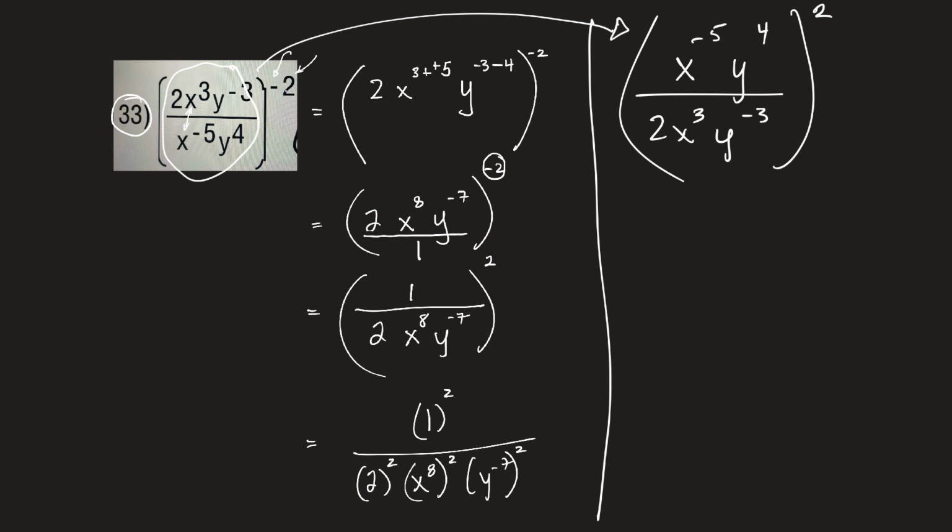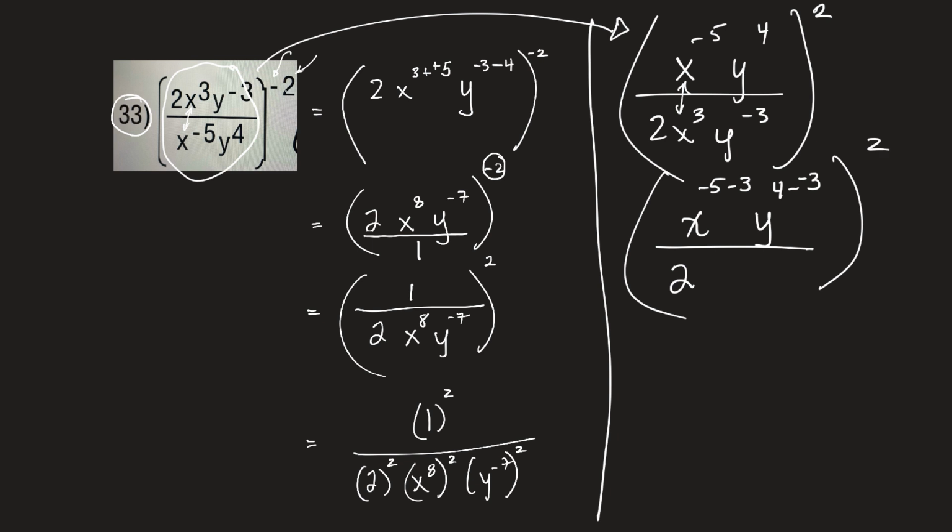Okay, now I can do that common base, subtract the exponents. So I'll still have a 2 on the bottom, but here I'll have x to the minus 5 minus 3, and I'll have y to the 4 minus a negative 3, all squared.